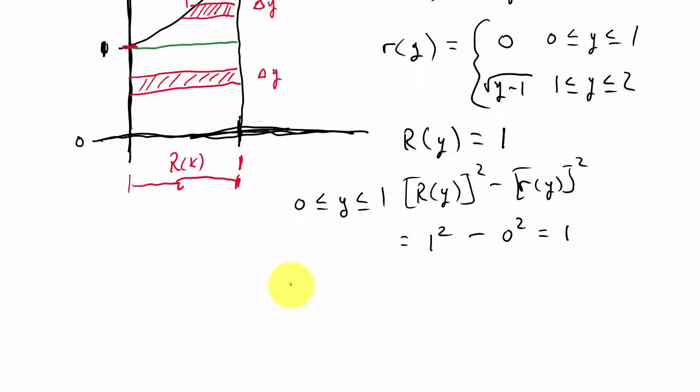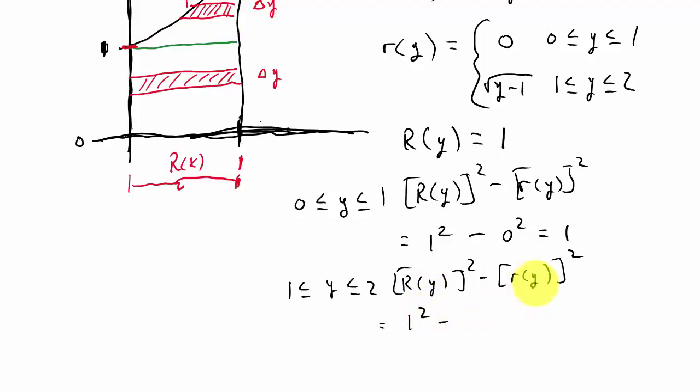And then when y is between 1 and 2, we have big R of y squared minus little r of y squared. And so big R of y from 1 to 2, that's still 1, minus little r of y squared.